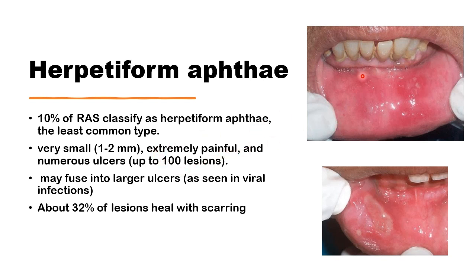They cluster in the same area, resembling very much the type of ulcers associated with viral infections, hence the name. They can be very painful. They may fuse together to form a larger ulcer with a scalloped edge, as seen in viral infections, and about a third of them would heal with scar tissue.